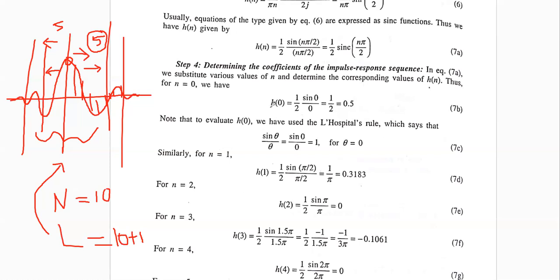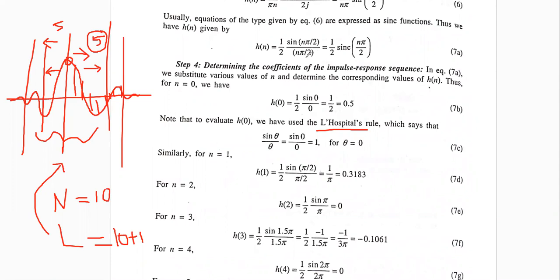So let's start with H0. If I put 0, then sine 0 by 0 is indeterminate. That's why we need to follow L'Hopital's rule, where if theta is very small, sine theta can be represented as theta. In that case, n pi by 2 divided by n pi by 2.